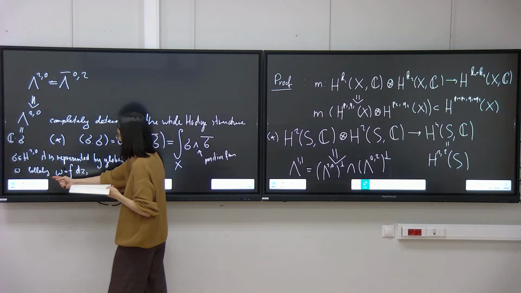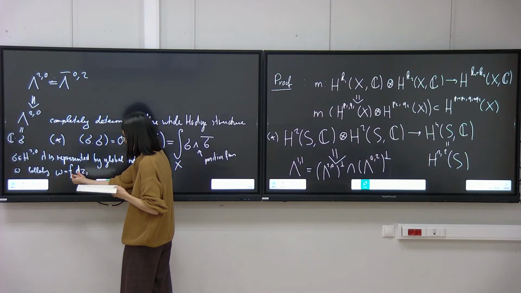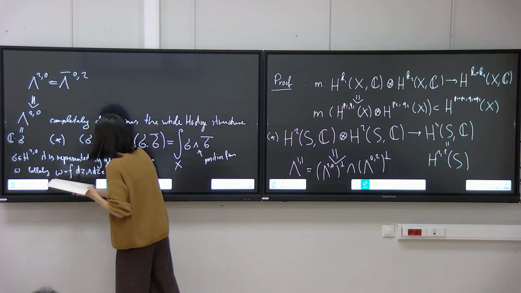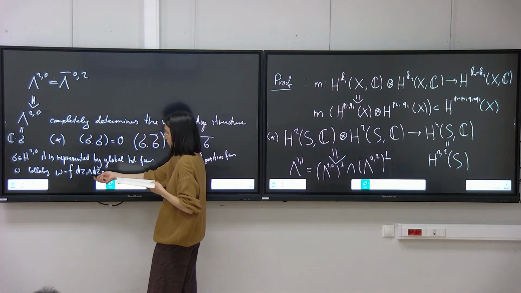In local coordinates, this holomorphic form is some holomorphic function times dz1, dz2, right?